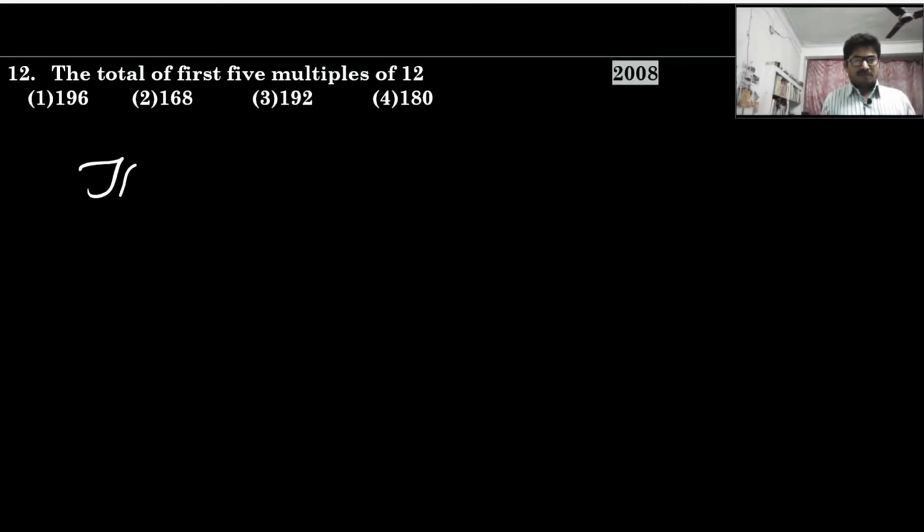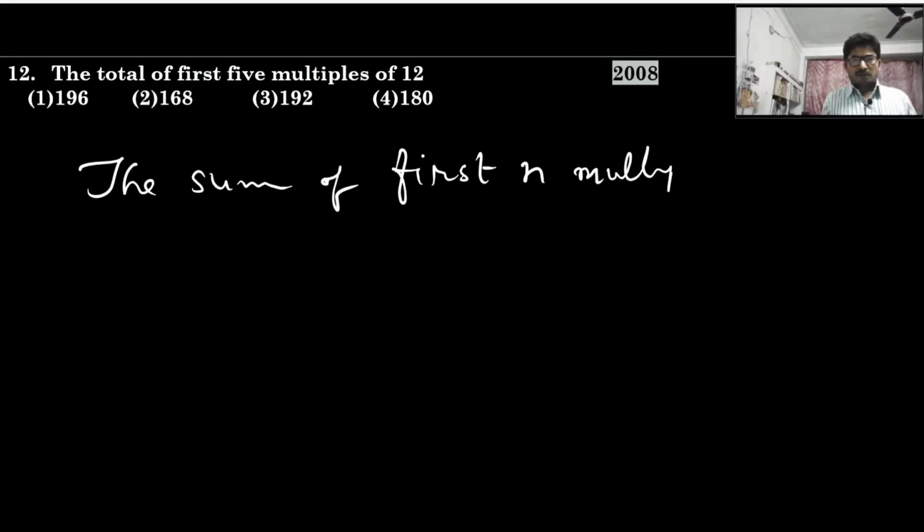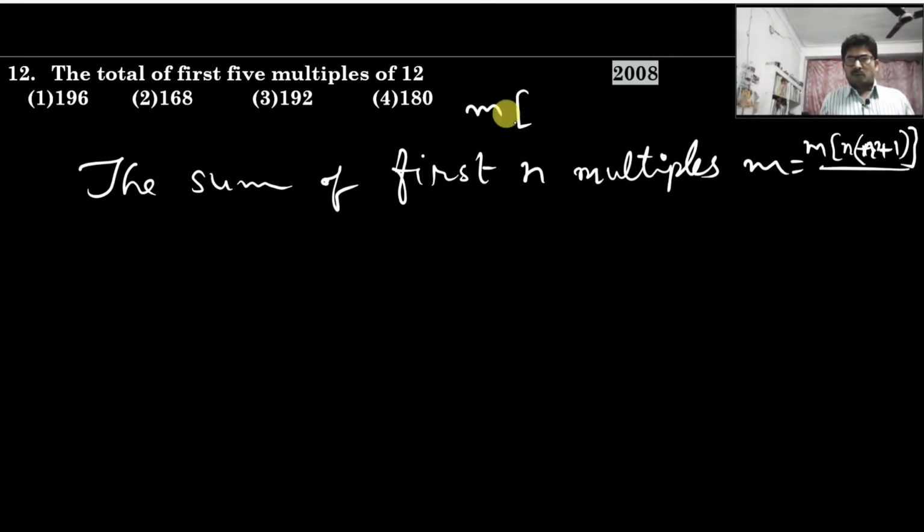The sum of the first n multiples of m is equal to m into n into n plus 1 by 2.